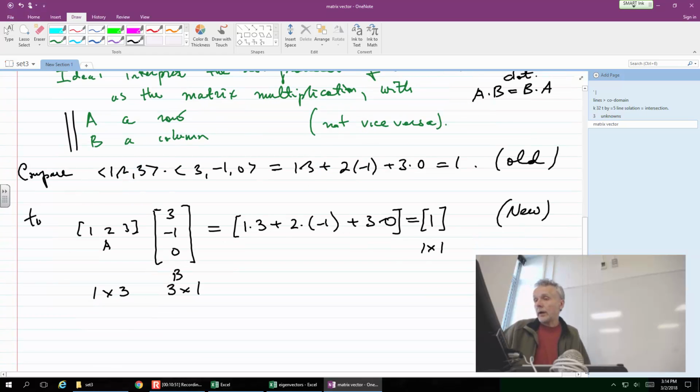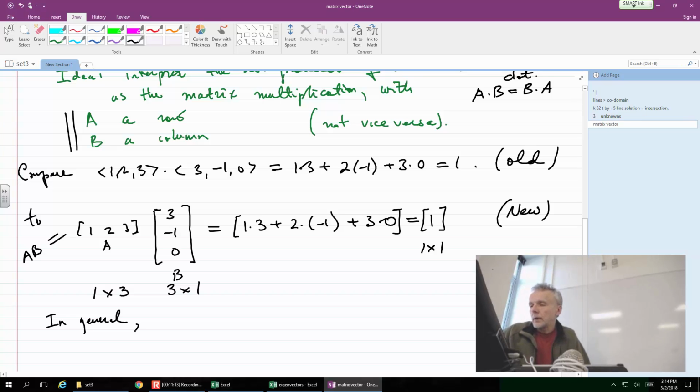And in general, that's the comparison. I do not put a dot anymore between those two, but it is a product of two matrices. In general, how does it work out?